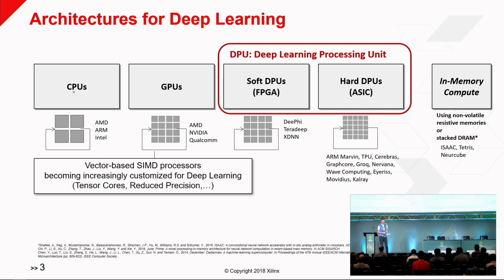We build DPUs as soft overlays on our programmable logic fabric, and we have different DPUs. Xilinx actually acquired a company recently, DeePhi. We also have a processor effort that we've launched already on Amazon F1, so that's the FPGA in the cloud. This XDNN processor is running there already. So there's different soft DPUs.